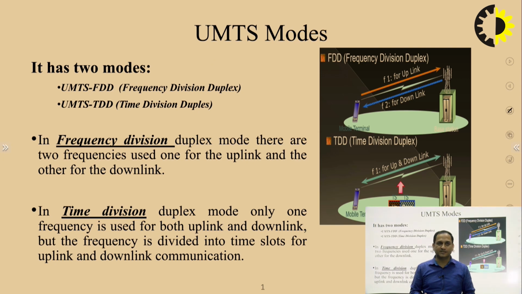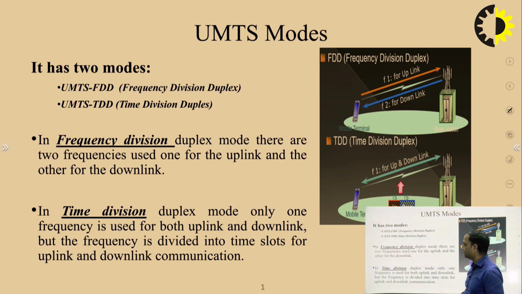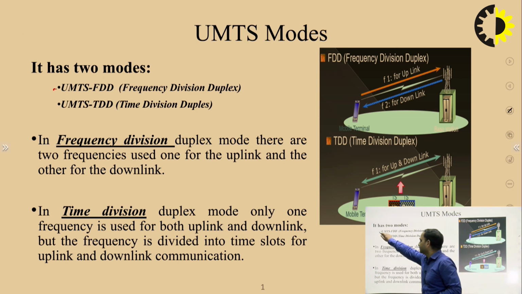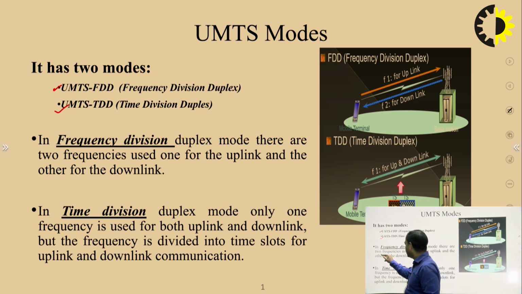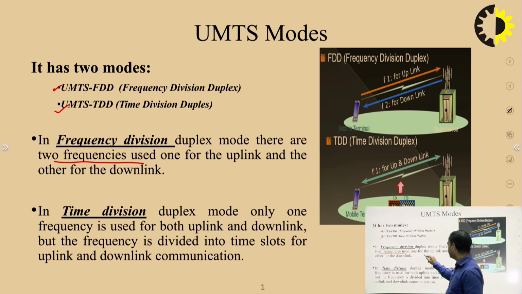So UMTS works in two modes. The first mode of operation is FDD and the second is TDD: frequency division duplex and time division duplex. The difference is that in frequency division duplex mode, two frequencies are used, one for the uplink and the other for the downlink.